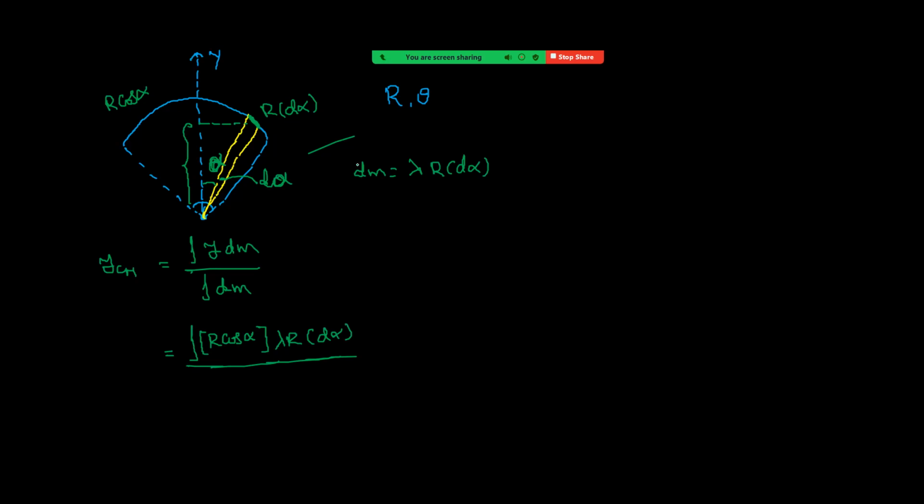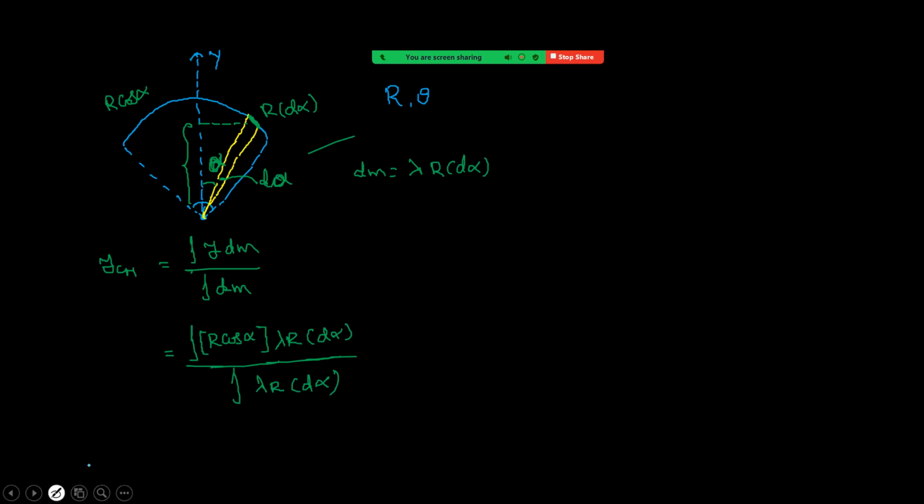For that small part, mass will be lambda r d alpha, and for that point mass, y coordinate is r cos alpha. So integration of y dm upon integration of dm, lambda r d alpha.